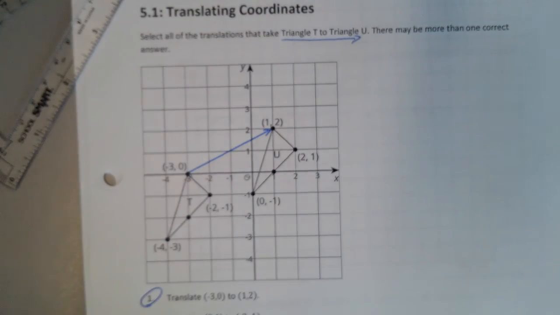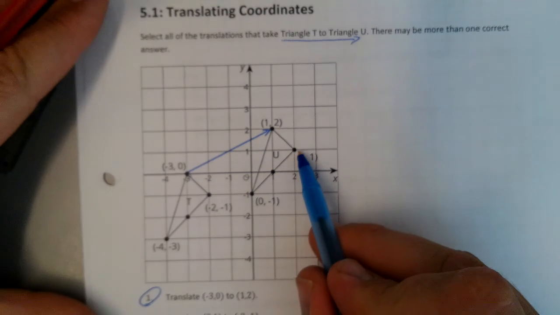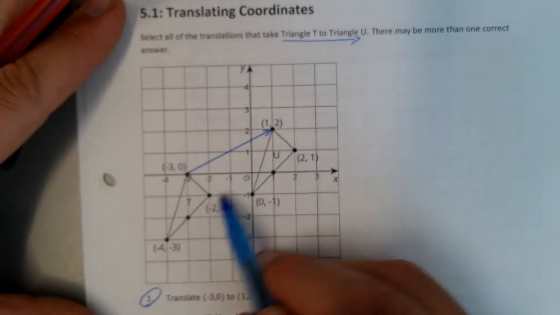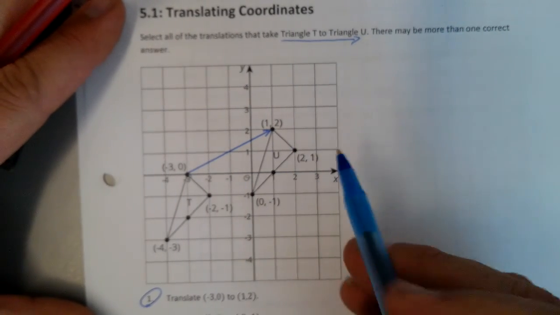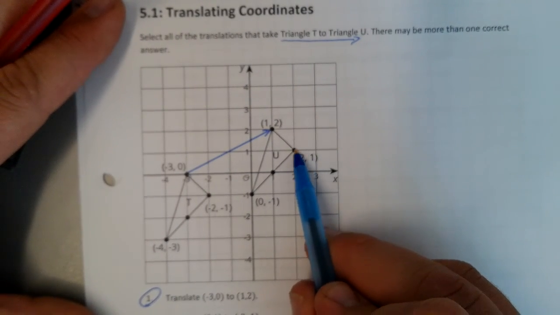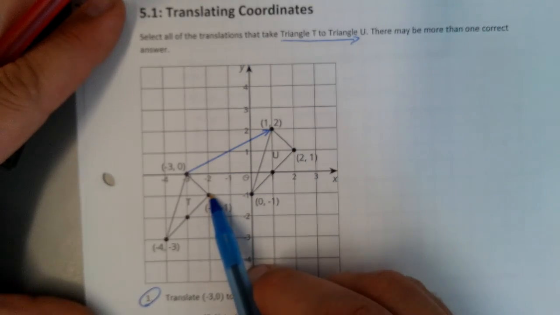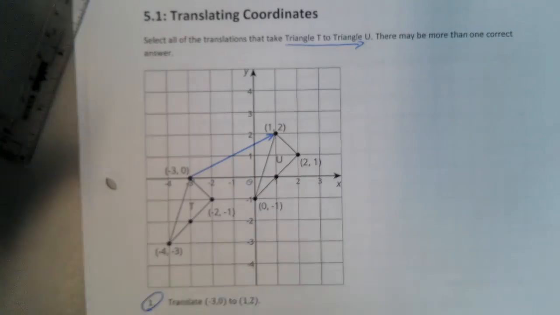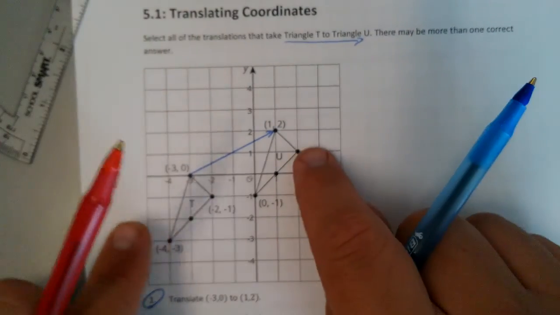Number two says translate from point 2, 1 to -2, -1. Well, these are corresponding locations and corresponding points. However, since the directions say from this point to this point, that will not carry triangle T to triangle U. That would just carry triangle T using that vector.